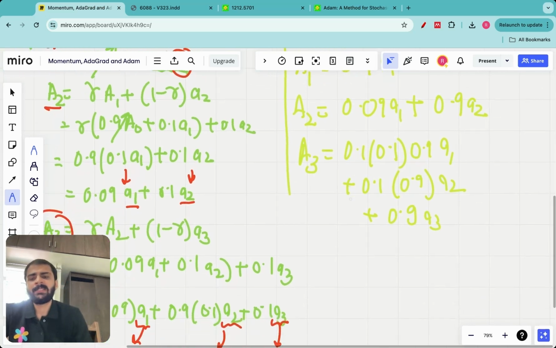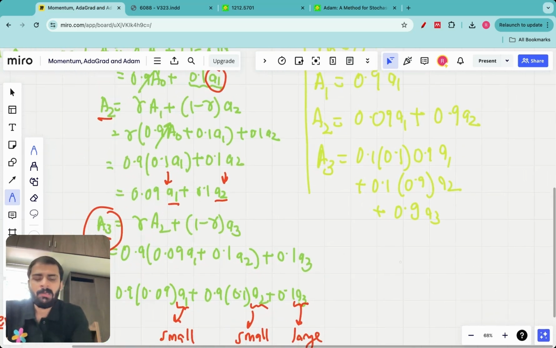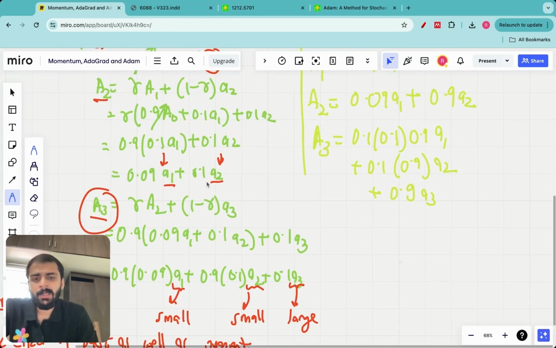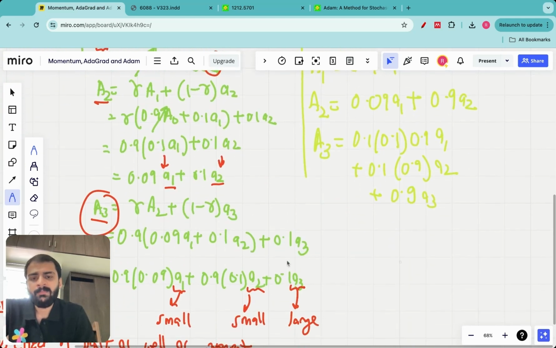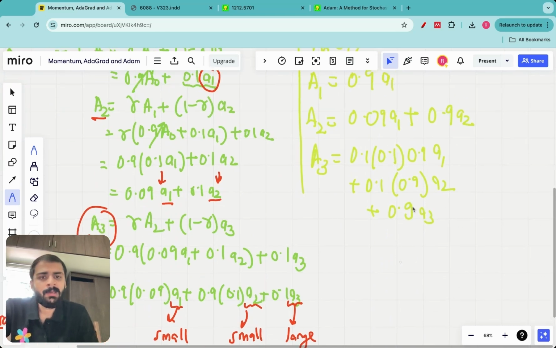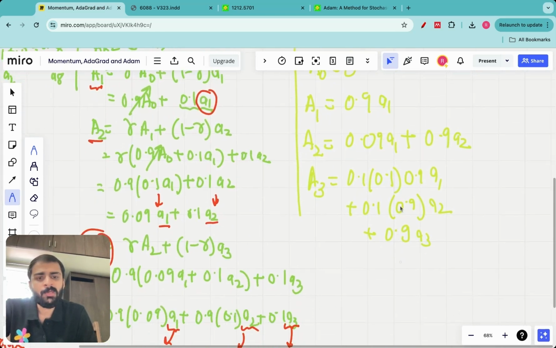So one thing which we see compared to when gamma is large is that the current values have much more weightage. If you look at capital A3, if gamma is equal to 0.9, then the coefficient of small a3 is 0.1. But for gamma equal to 0.1, the coefficient of small a3 is 0.9.